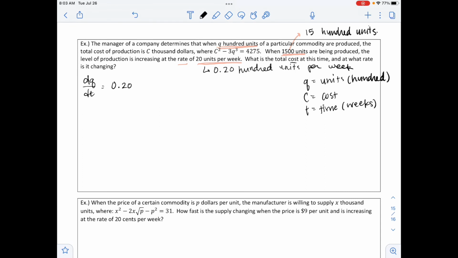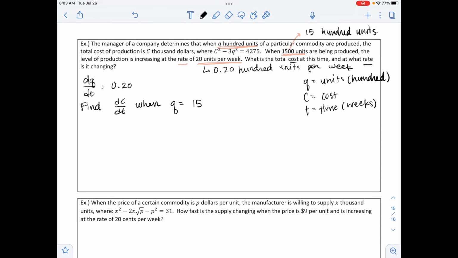So I'm going to find the rate the cost is changing, dC/dt with respect to time, when Q, our units, is equal to 15.